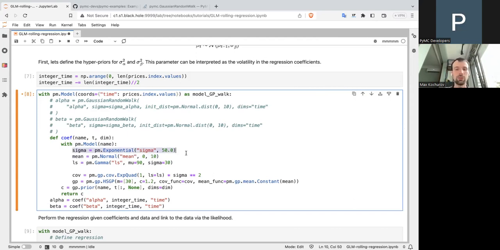Sigma is the deviation over time, and exponential 50 would mean that the standard deviation of the coefficient in time would be 1 by 50. For length scale, it is 1/4. So in 1/4, the dependency can significantly change according to what is sigma.